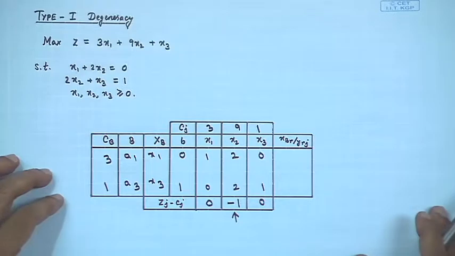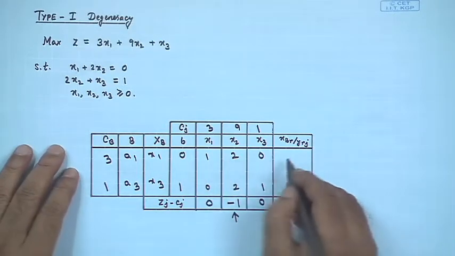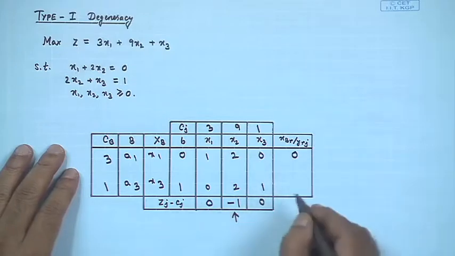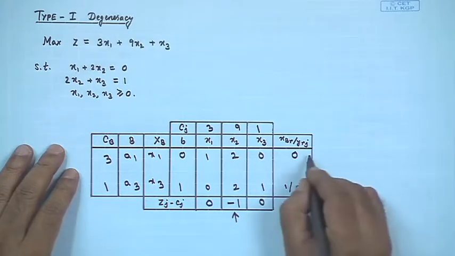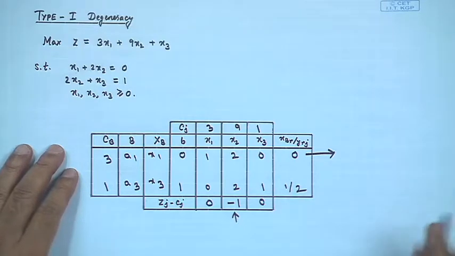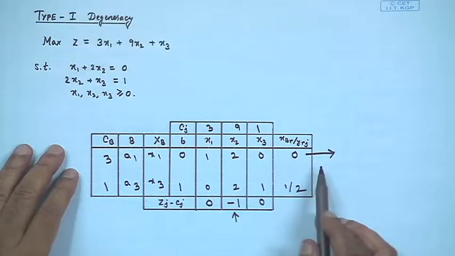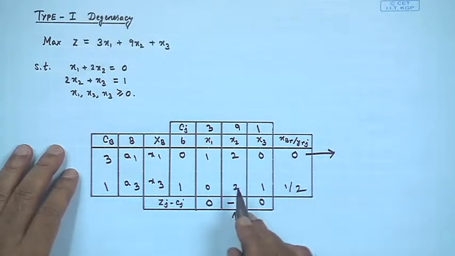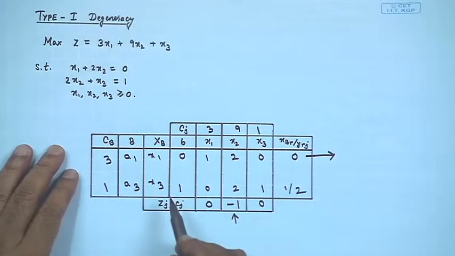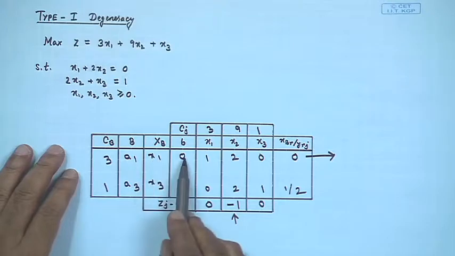The first ratio is 0 by 2, that is 0, and the second ratio is half. So your departing variable in this case is x1. x1 will go out and x2 will enter. But you have noted one thing: in the B column, the basic variable has 0 value.